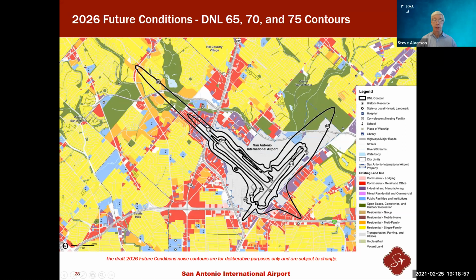I'll just quickly mention, as Mike Arnold did earlier, it's important to remind everyone as we look at these noise contours that we recognize that noise just doesn't stop at the 65 dB line. It extends well beyond that, and people throughout the San Antonio area hear aircraft taking off and landing.